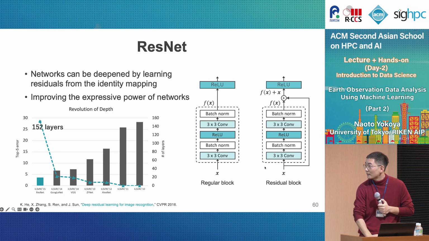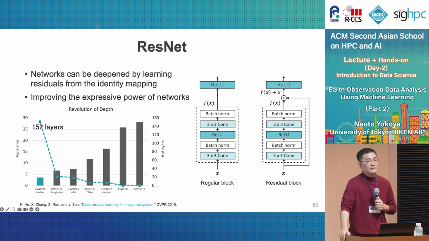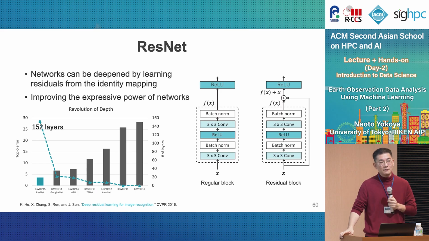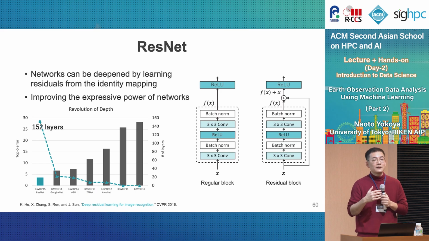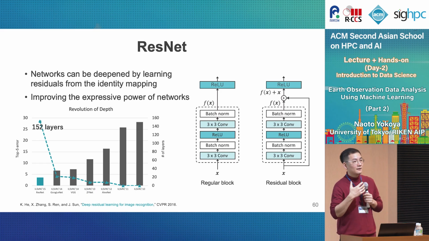The input is passed on and added to the output of this block. In this case, this part no longer needs to take care of constructing identity mapping, but is instead focused on how to change. It's something similar to us, right?